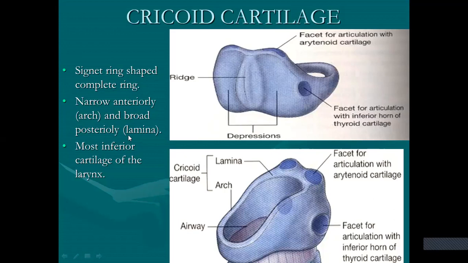So if you look at your palm, and if you have a signet ring in your ring finger, keep your palm facing forward and see that anterior part of that ring is known as arch, and posterior part which is broad, that is known as lamina. So we can see here, this broad part of the cricoid cartilage is known as lamina, and anterior narrow part is known as the arch. So this is the arch and this is the lamina of the cricoid cartilage.